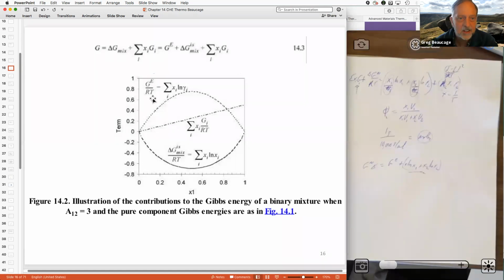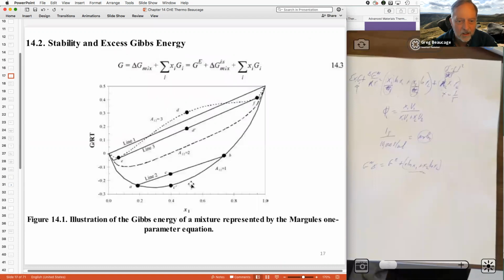Added to that, you have this negative contribution, which is the entropy of mixing, the x1 ln x1 term, because x is smaller than 1, so ln is negative. Then you have this positive contribution that's leading to demixing, which is this gamma term, the activity part. If you add all three together, you get this kind of curve.